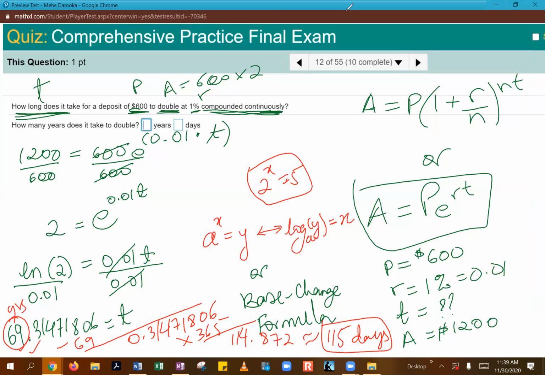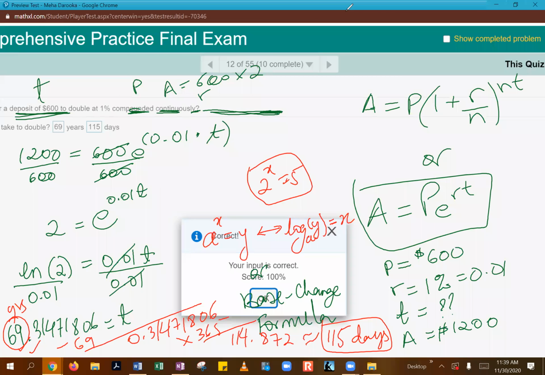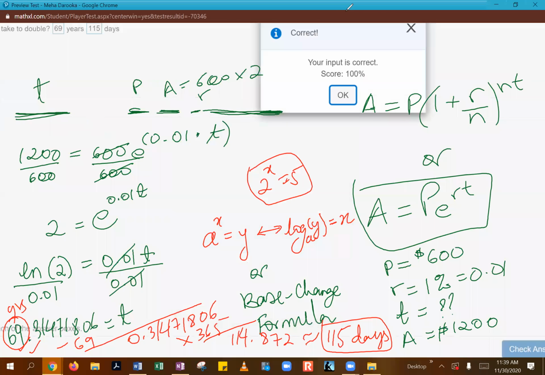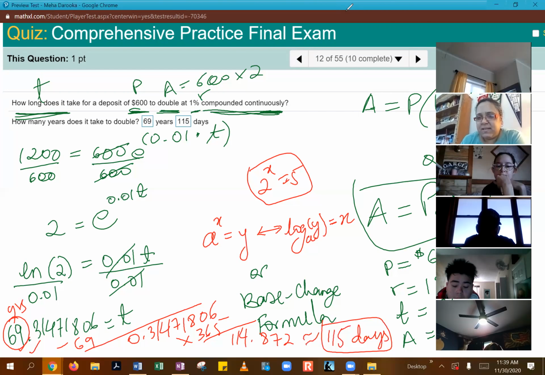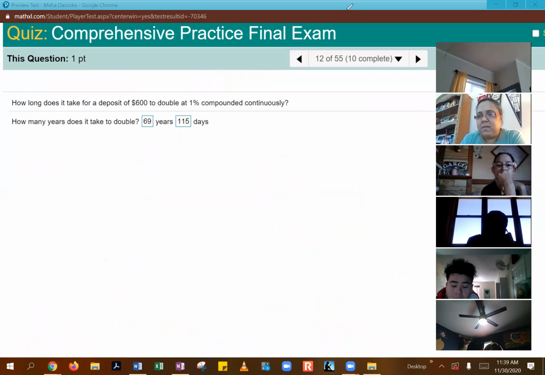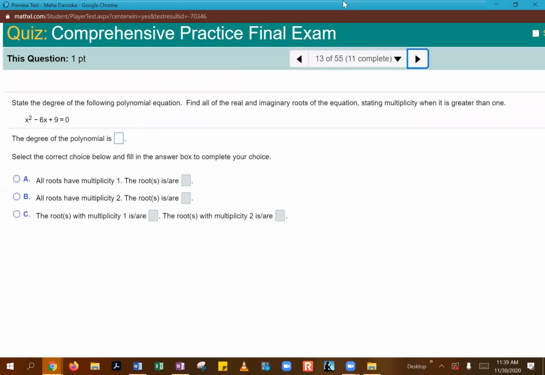So you would put 69 over here, 115 over here. Okay, let's check that. You can see they're saying that's correct. Questions, guys? So, just be careful about which formula to use because there are those two different compound interest formulas.